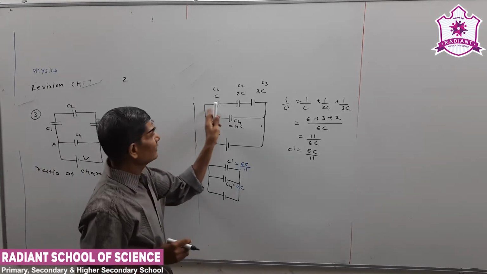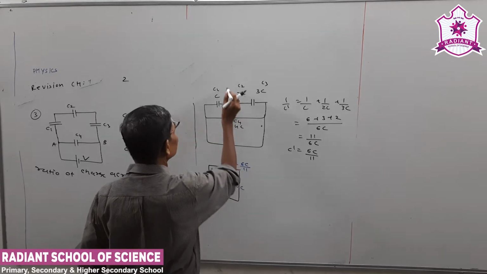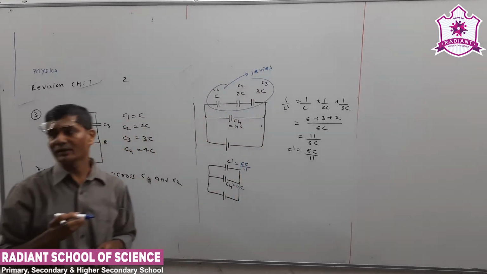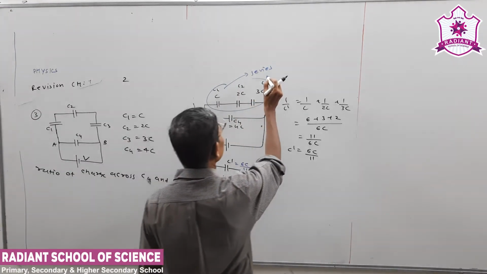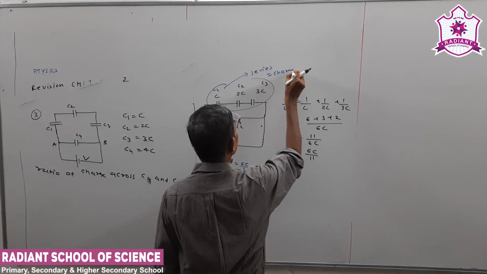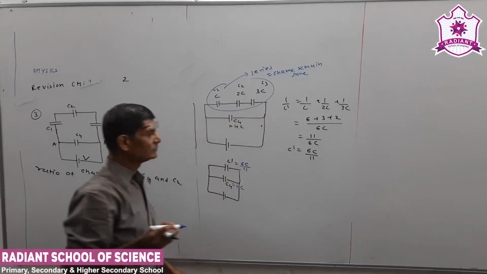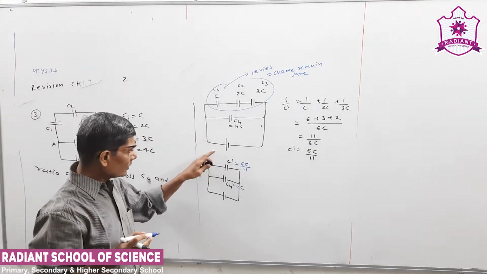Now C1, C2, C3 are in series. What is the property of a series connection? The charge remains the same.